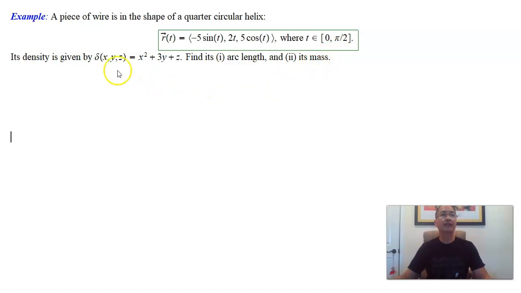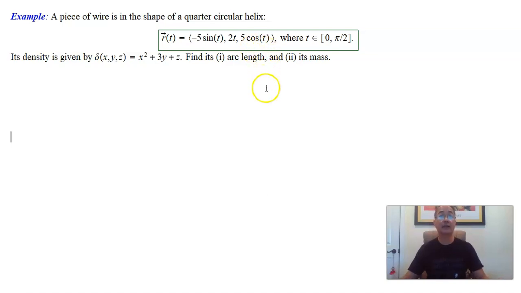Okay, we have a density function here, x squared plus 3y plus z. So yeah, x squared, why did I square it? Because that's going to be negative. Okay, we want a positive density. Okay, so we're going to square that. Y is safe because t is from 0 to 2, so I can do 3y. And z is also safe because between 0 and pi over 2, cosine is positive.